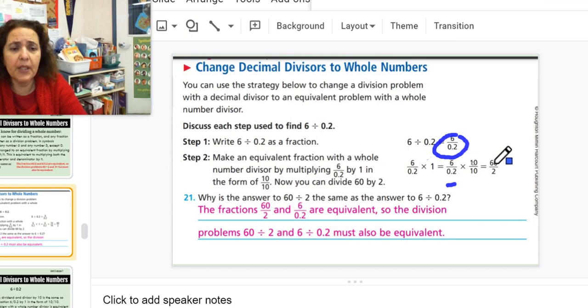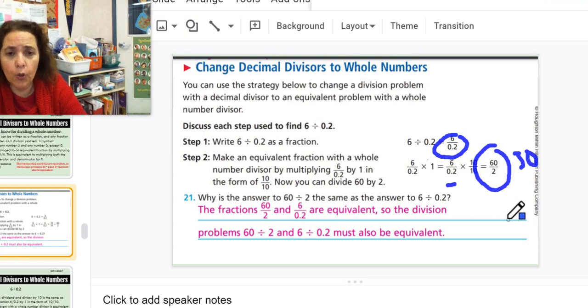So 6 times 10 is 60. 2/10 times 10 is 2, right? I'm making it 10 times bigger. So now it's easy, I can solve that. That's the same thing as 60 divided by 2, which is the same thing as 6 divided by 2, which is 3. And then I have my other 0, which makes it 30.